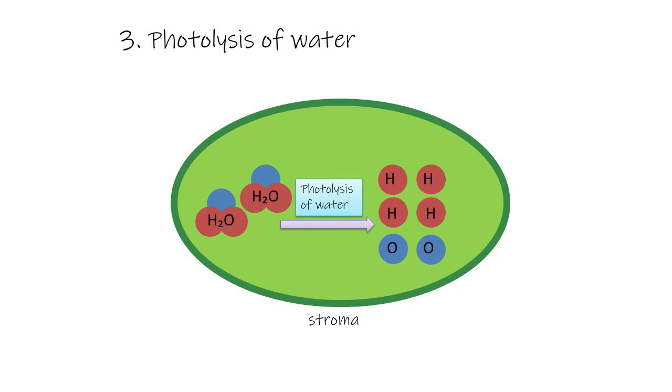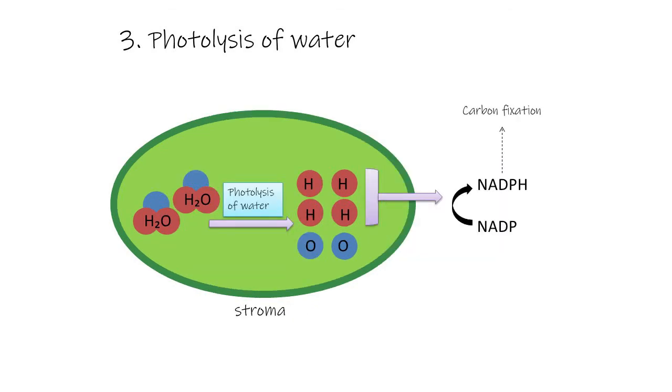Then we move on to photolysis of water. The light energy captured by chlorophyll molecules is also used to split water molecules to form hydrogen and oxygen. This process is called photolysis of water. Hydrogen is then accepted by a chemical called NADP, nicotinamide adenine dinucleotide phosphate, to form NADPH.